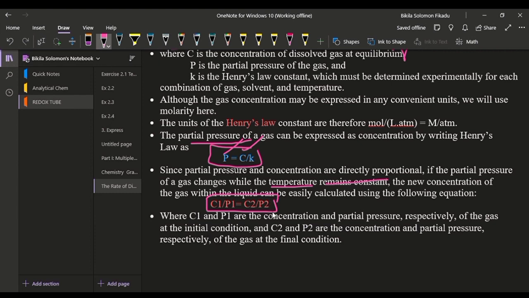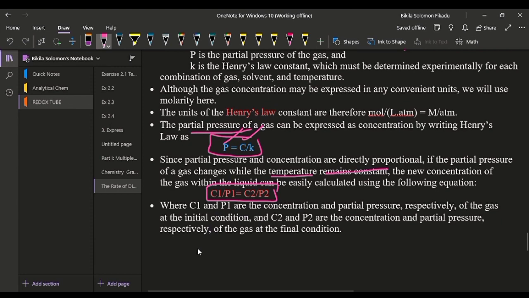So C2 and P2 are the final conditions of gas concentration and partial pressure. So C1 fi P1 maalidha? C1 is what? Initial concentration. Yookaan immoo concentration nuun jalqaba argannudha jechuudha. P1 is akkasuma partial pressure or initial partial pressure jechuudha. C2 final concentration and P2 final partial pressure jechuudha.